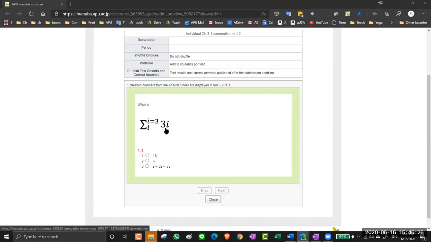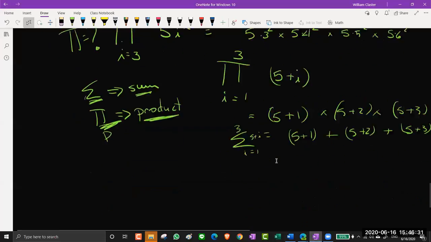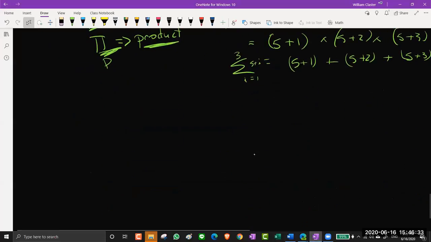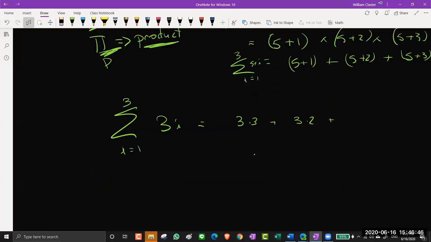Because you put in i equals 1, you get 3 times 1. So the question was, I think, 3i with i equals 1 to 3, right? So you put in i equals 1, you get 3 times 1, plus you put in i equals 2, you get 3 times 2, plus you put in i equals 3, you get 3 times 3. So you get 3 plus 6 plus 9. That's 18.